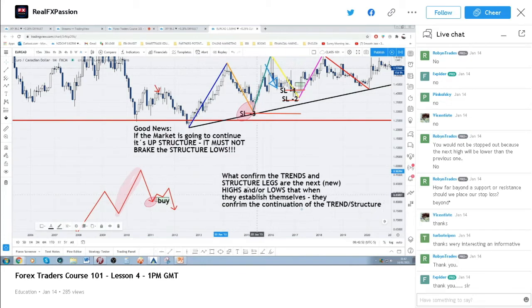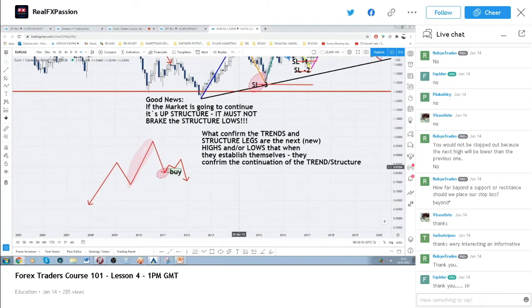I should write the book, right? What confirms the trends and structure legs are the new highs or lows; when they establish themselves, they confirm the continuation.